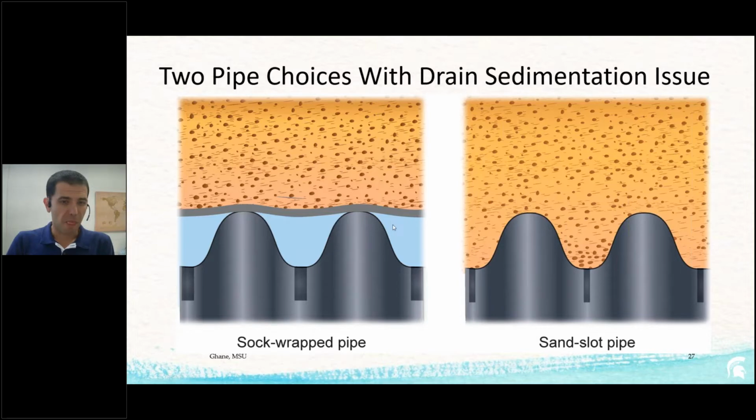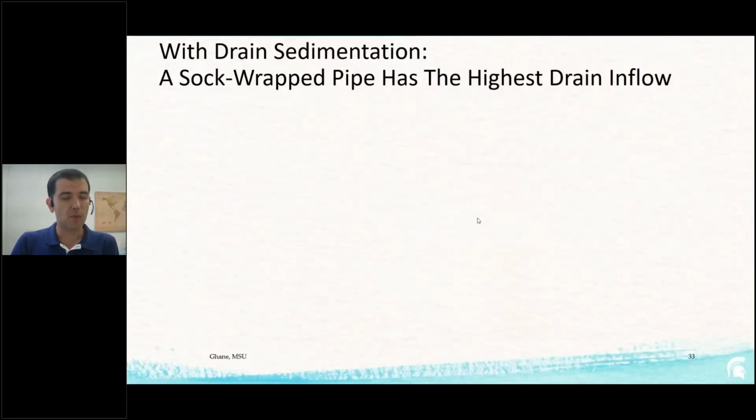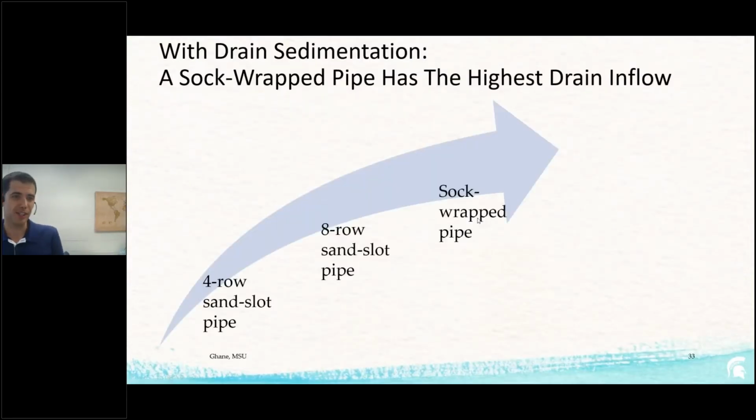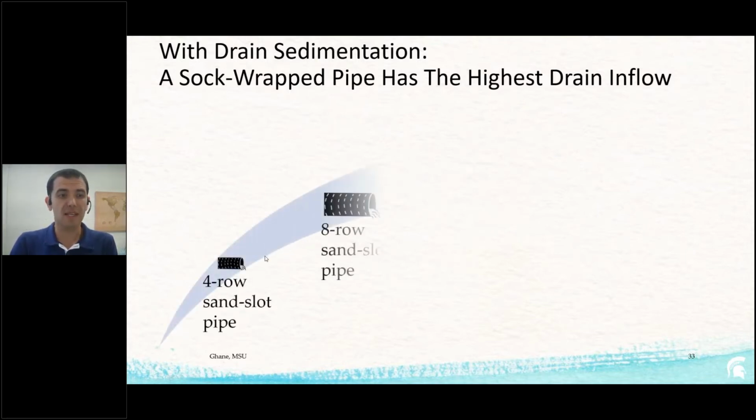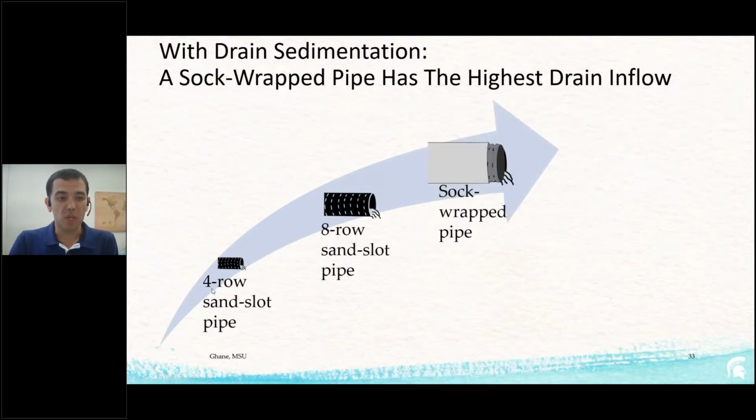And let's move forward. I did experiments here in Michigan, and one of the things I found, let's say you have a drain sedimentation issue, was that when you compare the 4-row sand slot, 8-row sand slot, and a sock wrap pipe, you get the fastest and highest drainage with the sock, and the slowest with the 4-row. And you may ask, okay, how much is this?